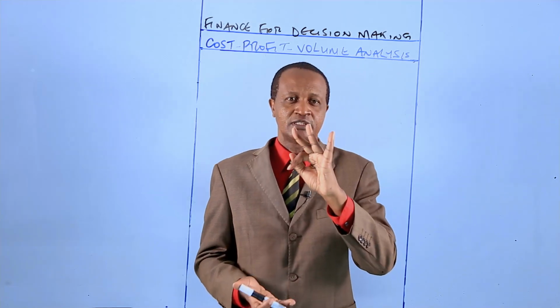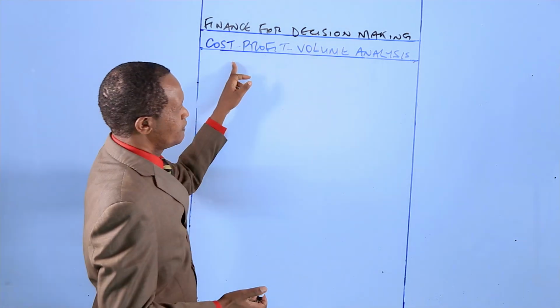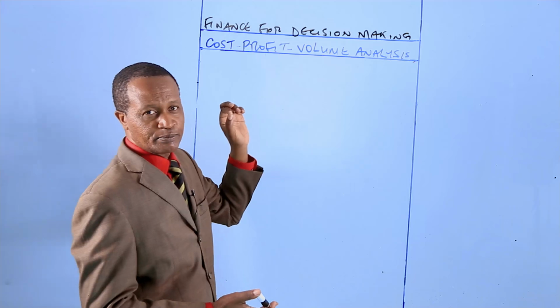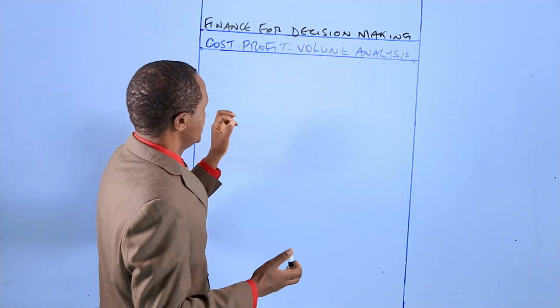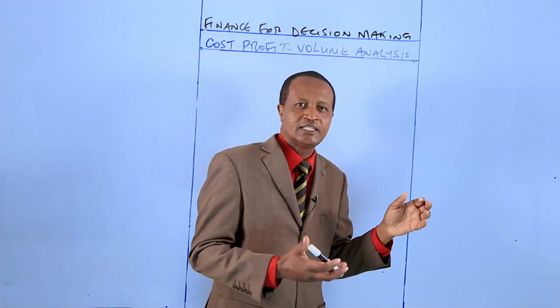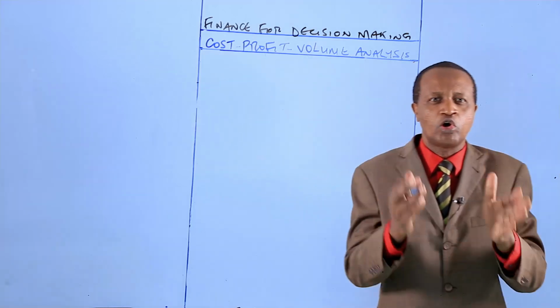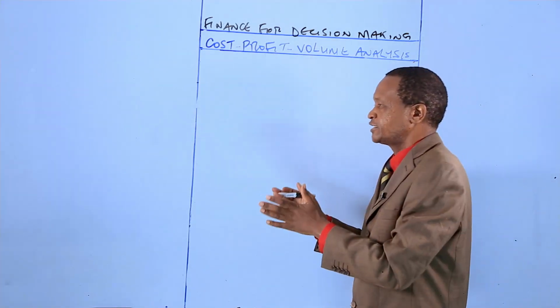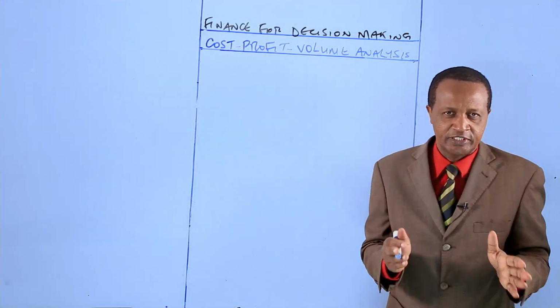Three elements: costs, sales volume, and profit. The CVP analysis studies the relationship between costs, sales volume, and profit.